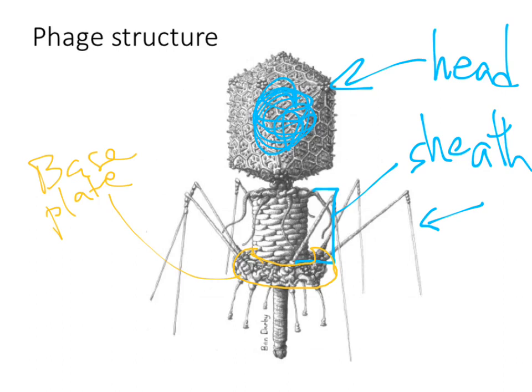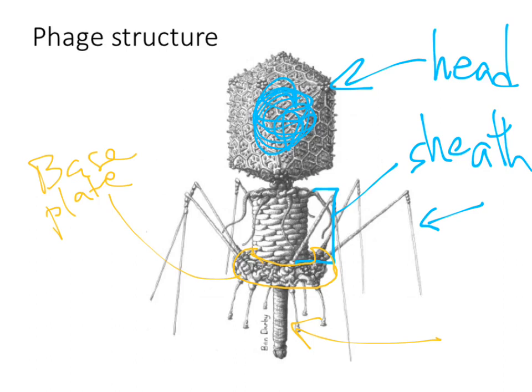Okay, and the cell wall serves as a protective barrier. So this base plate is involved in what we call the penetration step, in which the bacteriophage actually injects its genetic material into the host. And that injection occurs through this little tube that's inside of the sheath.